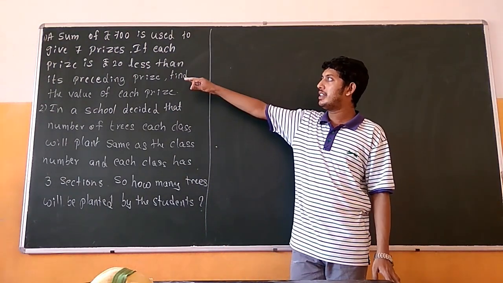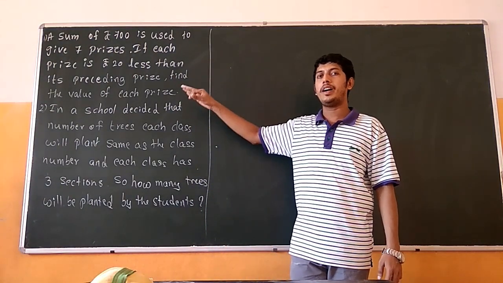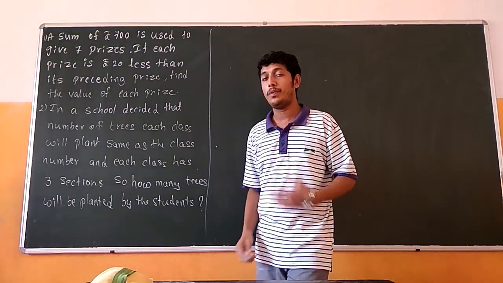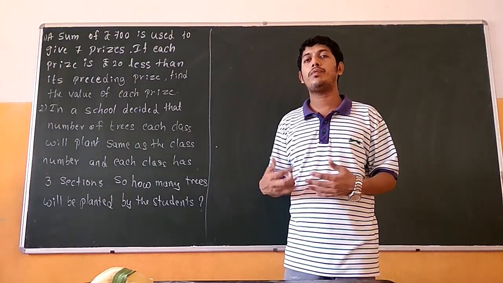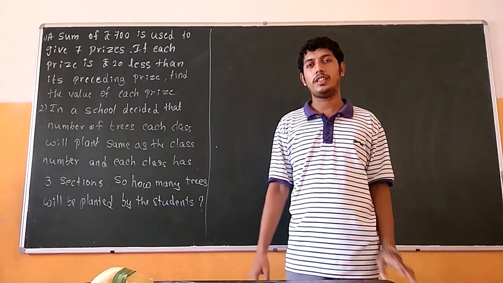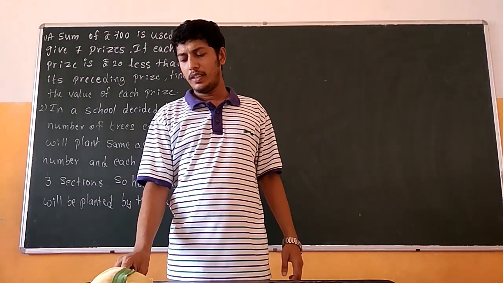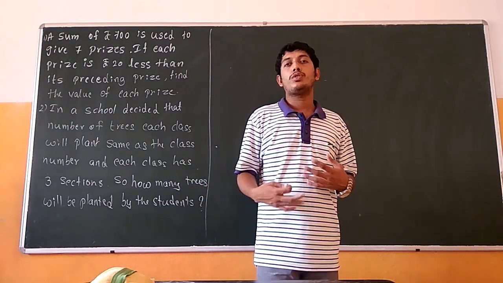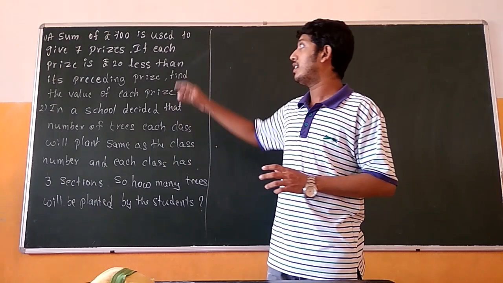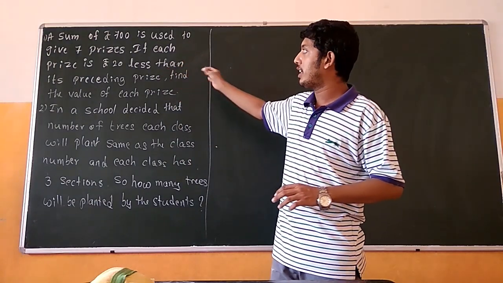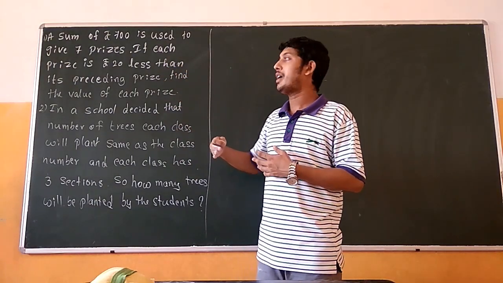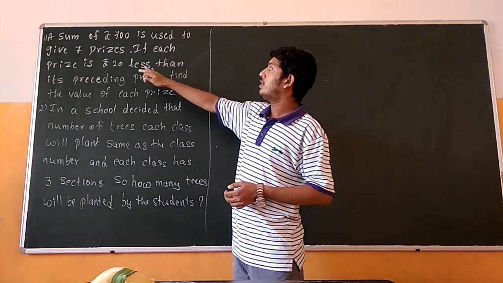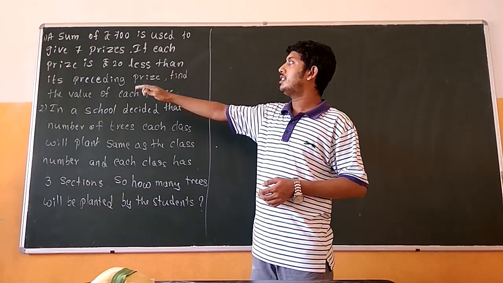And it is given that the cost of each prize is rupees 20 less than the preceding prize. So by using this data, we have to frame one arithmetic progression series. I will take the first term as A. Let the cost of the first prize be rupees A, and that means the cost of the second prize becomes A minus 20, because it is given that the price is rupees 20 less than its preceding price.